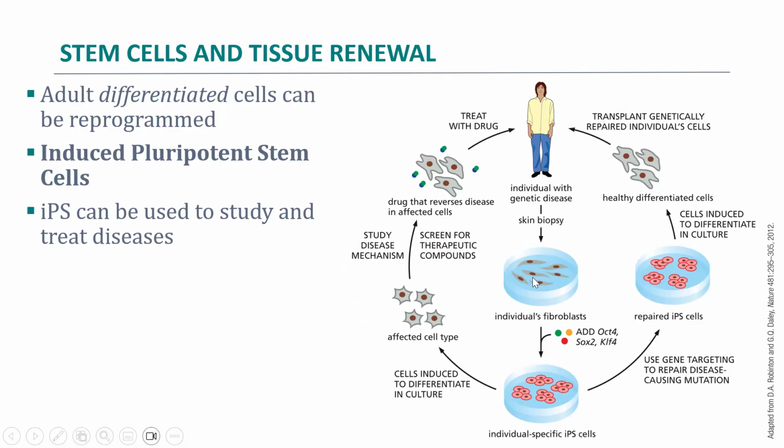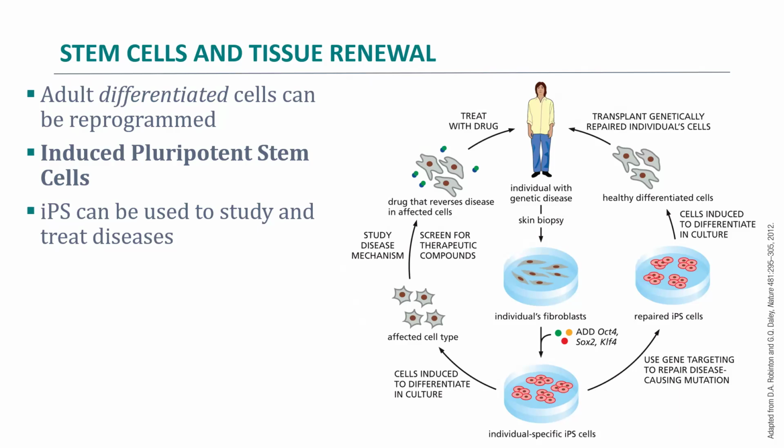From there, I can induce, through the addition of these gene transcription factors, these skin fibroblast cells to go back into becoming individual specific, meaning they came just for me, right? Induced pluripotent cells.